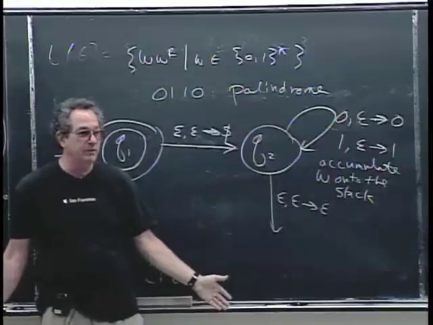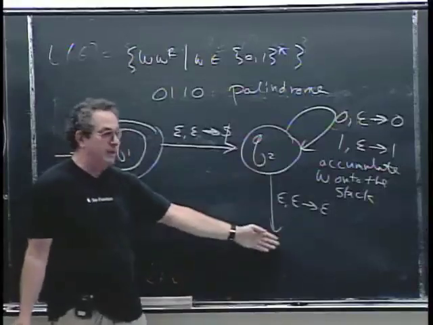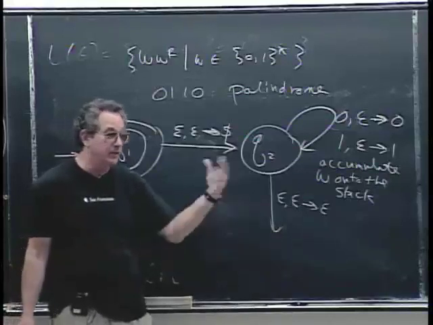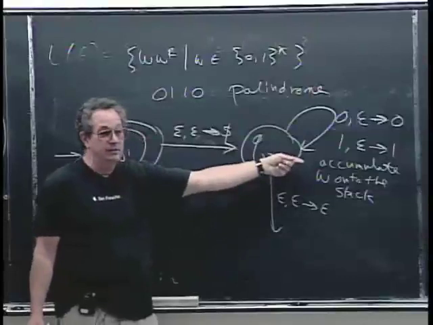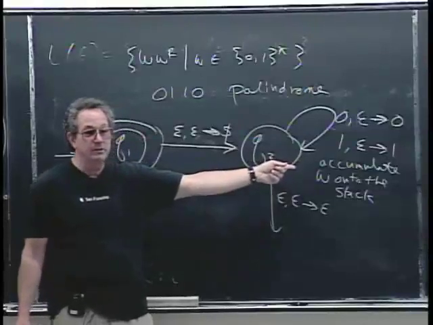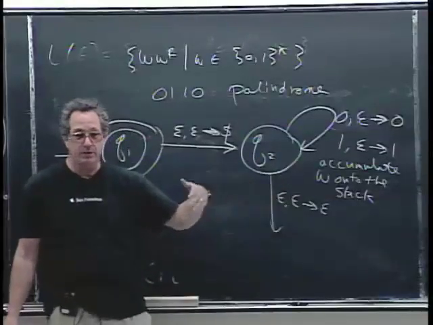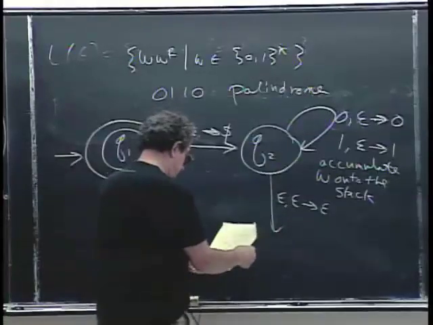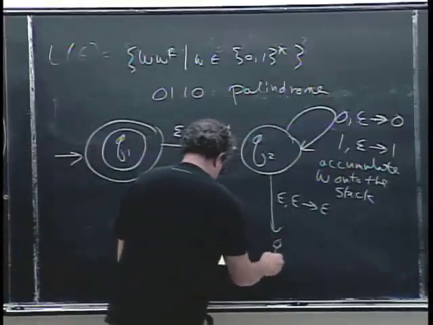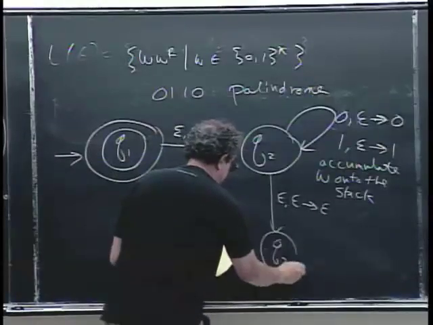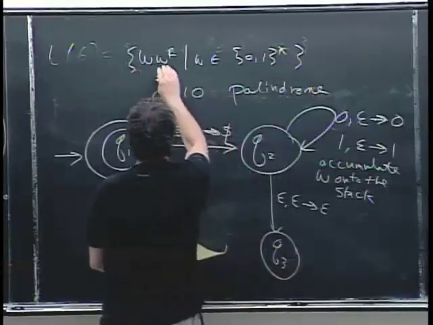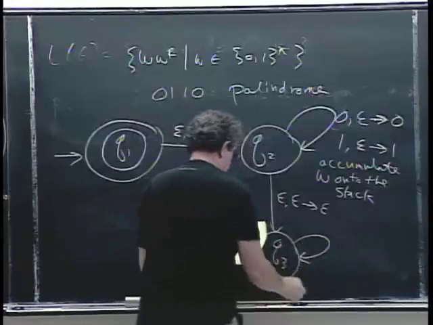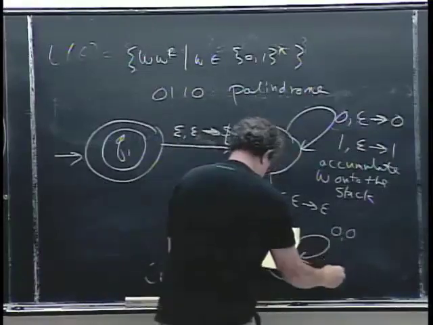But that's the power of non-determinism: one of the computations will decide, yes, now it's time to go from W to W reverse, and another one of the computations will stay here, accumulating more characters, guessing that no, the W part of the string is actually longer. We're going to make all possible guesses, and one of them will be right. So if the input string really is WW reverse, one of those guesses will be correct. And that's the power of non-determinism versus determinism.